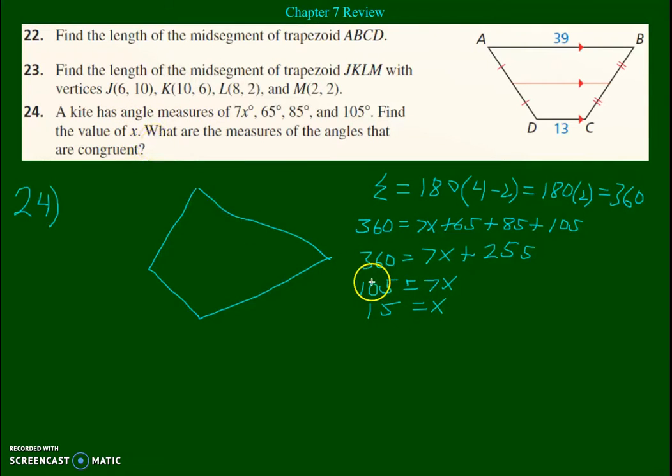but we've also found the value of this other angle, 105. So here we have a 105 here and a 105 there. And we know that these have to be the congruent angles in a kite. So these two angles are each 105.